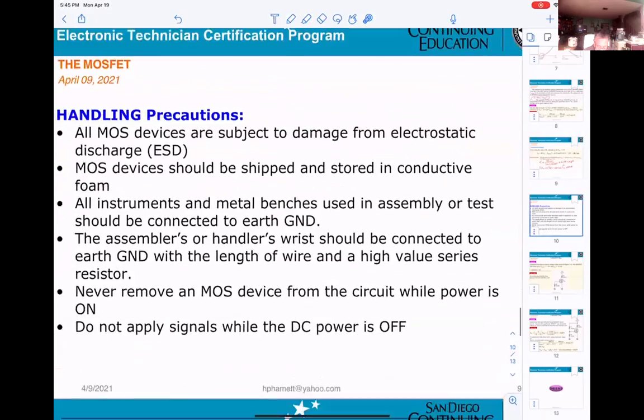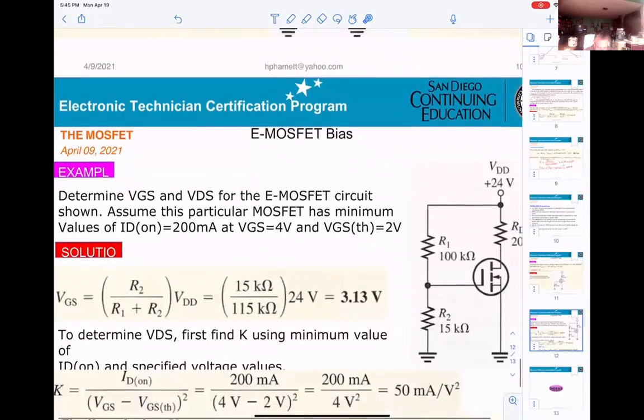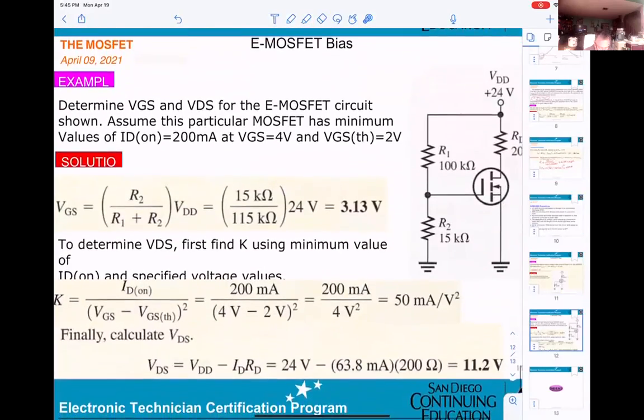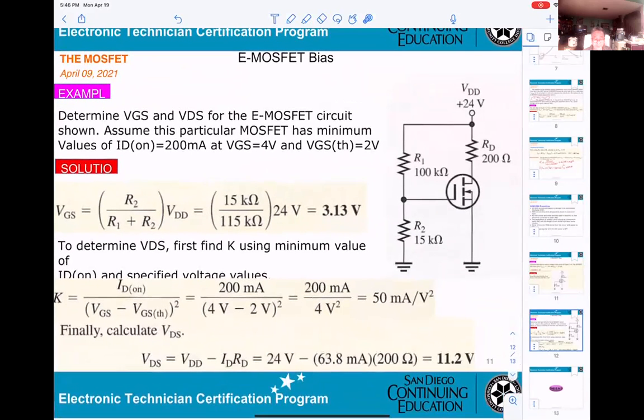In this example here, we already calculated the K, and after you calculate the K, we need to calculate the ID. I believe I skipped that. The calculated ID will be 63.8 milliamp times RD, that means 200 ohm.